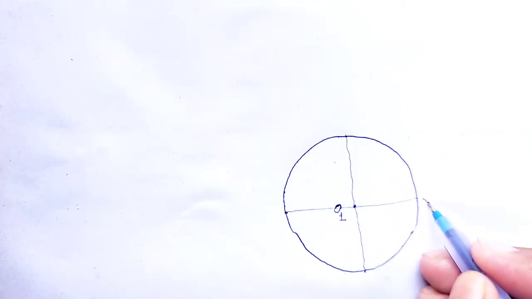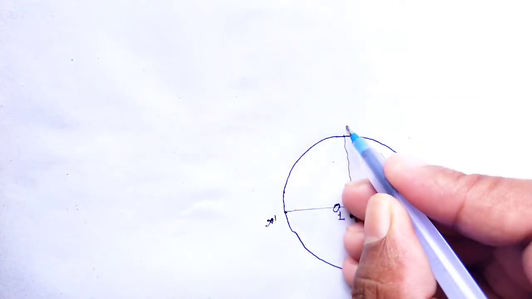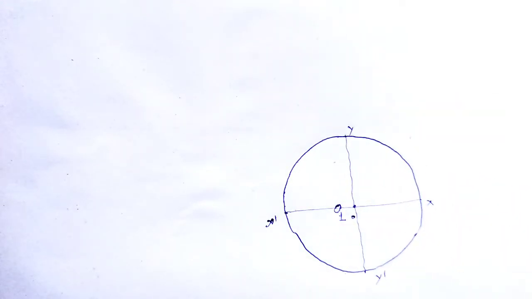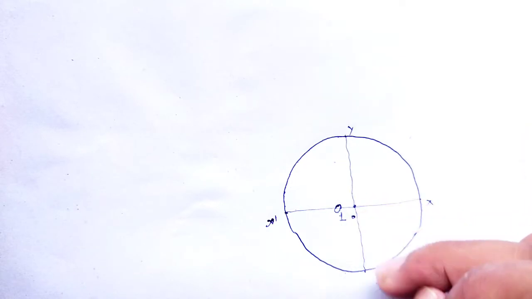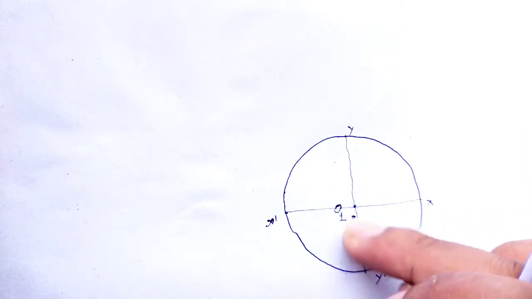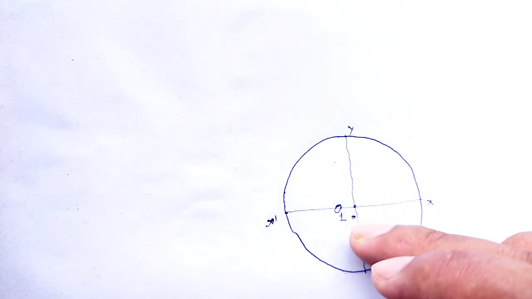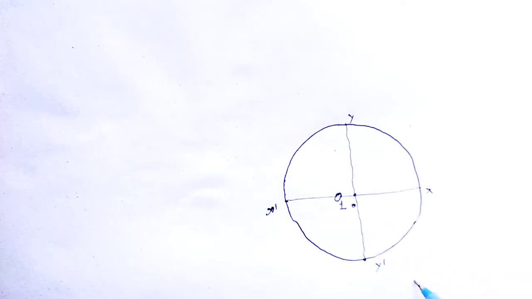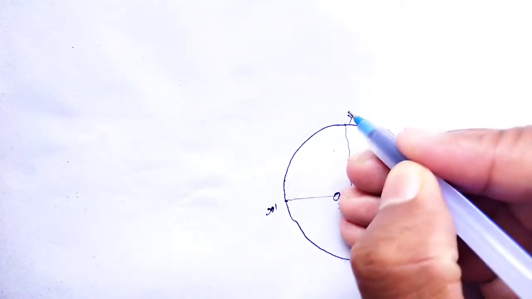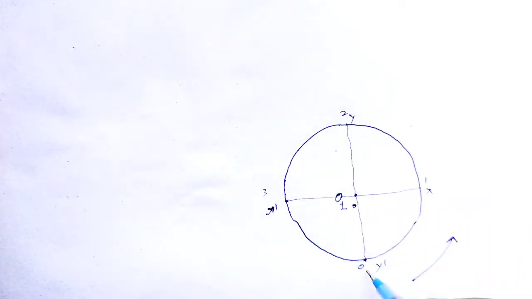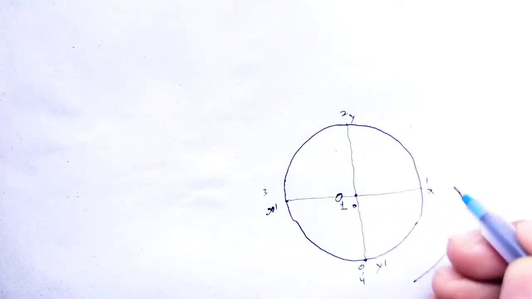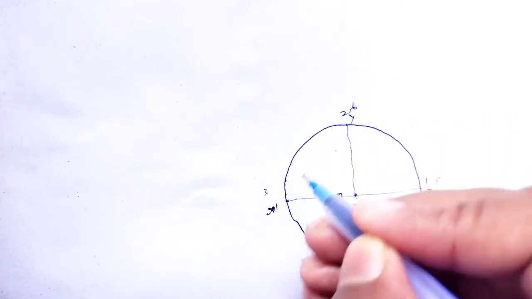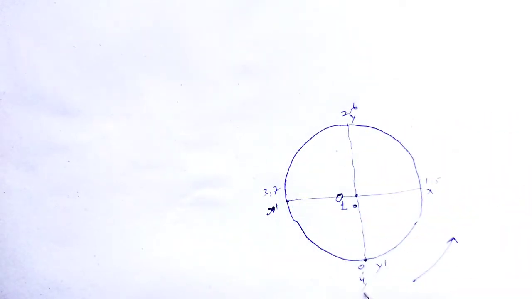The 4 equal parts are x o x dash and y o y dash. Here the particle is vibrating perpendicular to the x direction, along y. Starting from the starting point in the anticlockwise sense, the positions are 0, 1, 2, 3, 4, 5, 6, 7, and again 8.